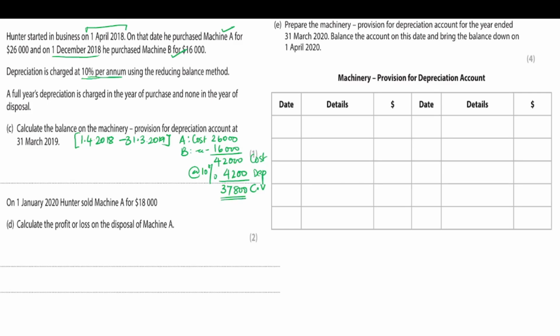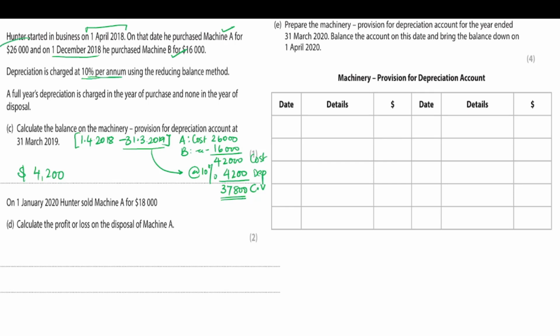So as on 31st March 2019, the depreciation charged was 4,200. So your answer should be $4,200. Now coming to the next part, on 1st January 2020, Hunter sold machine A for 18,000.